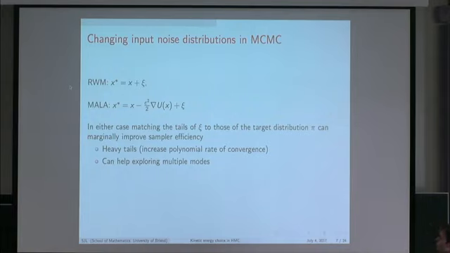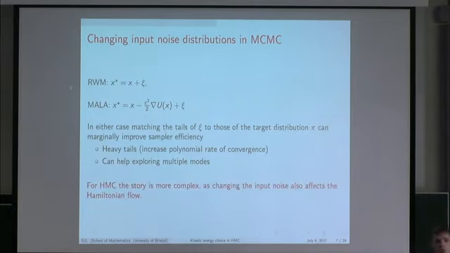So if I match the tails here to the tails of my distribution, maybe I have a heavy-tailed target that I want to explore, but I'm making slightly larger moves because I've got this heavier tail proposal, and that should give me some kind of benefit. And this has been well understood, and you tend to be able to increase a polynomial rate of convergence in this setting. So the gains are modest, but they're generally worth doing.